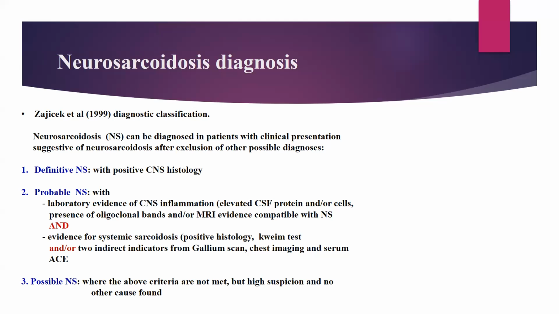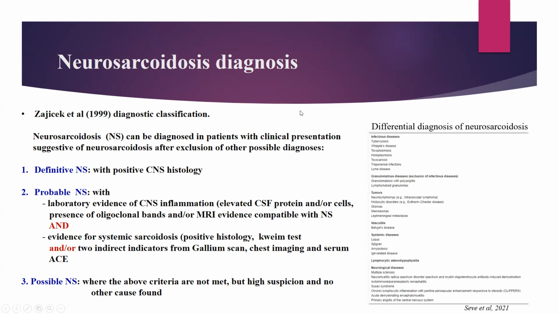Probable is when patients with neurological presentation have laboratory evidence of CNS inflammation, and there is evidence of systemic sarcoidosis. And possible is when patients are highly suspicious for neurosarcoidosis, but there is actually no evidence of systemic sarcoidosis.